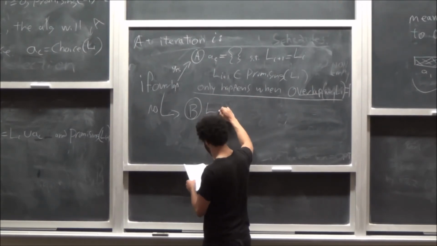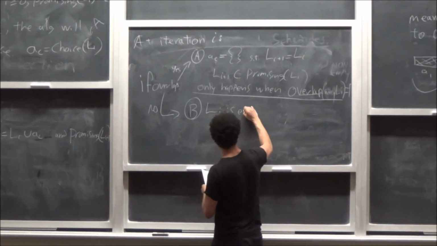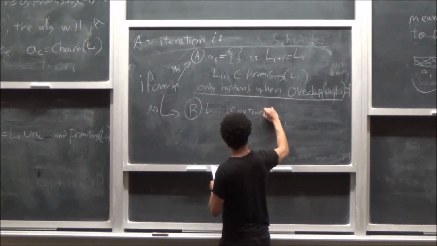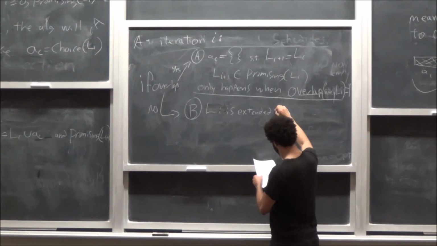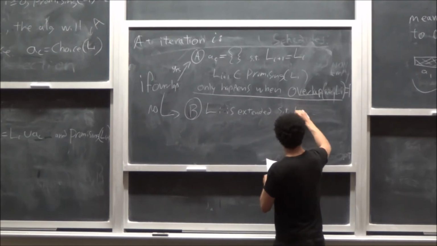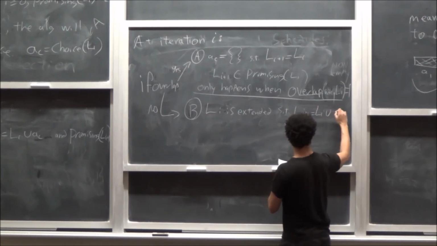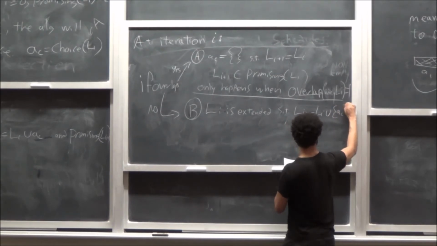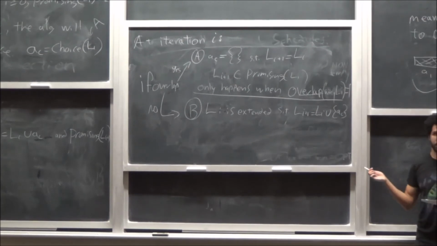What I wrote was we have Li is extended to equal, such that Li plus 1 equals Li union with our choice. Does that make sense? So that's the other side of the if statement.